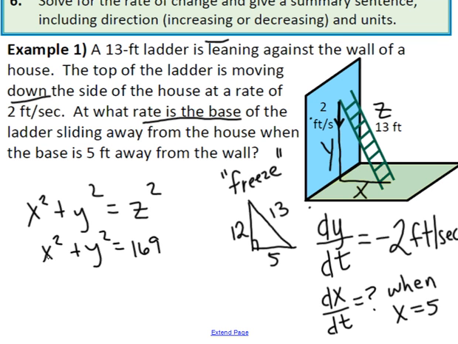The derivative of x squared is 2x, but we're not taking the derivative with respect to x, we're taking the derivative with respect to t, so we need to multiply by dx/dt. This is a little different than what we saw with implicit differentiation in 2.5. Plus the derivative of y squared is 2y, and then with respect to t, dy/dt. And the derivative of 169 is 0.